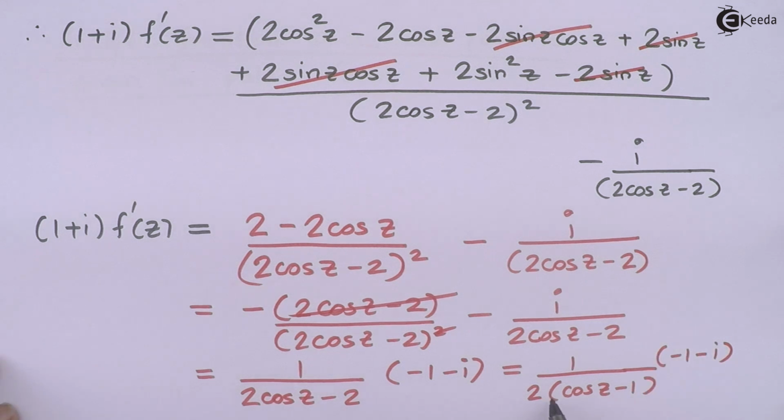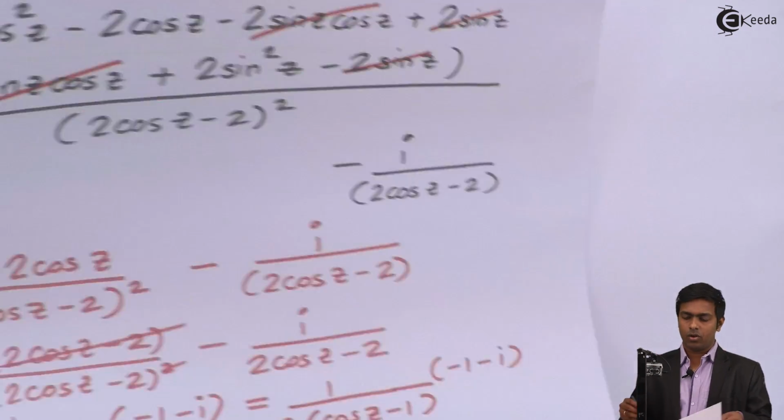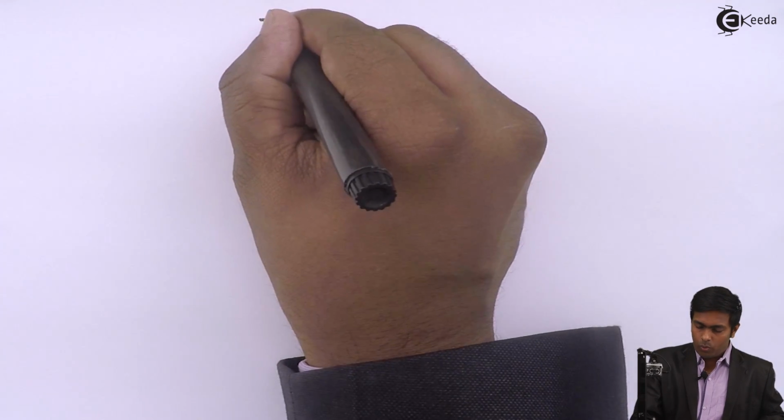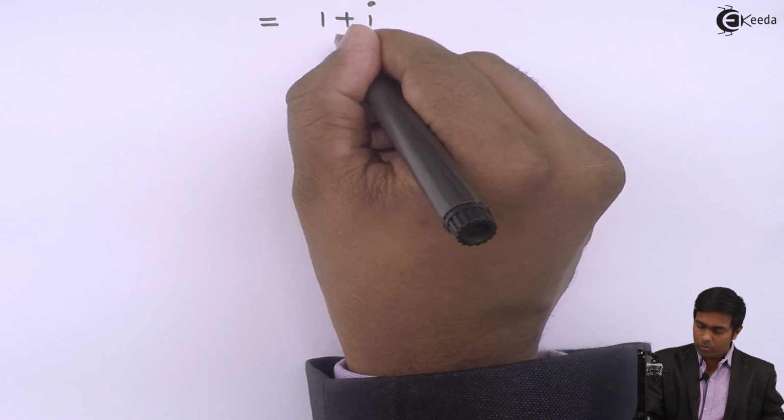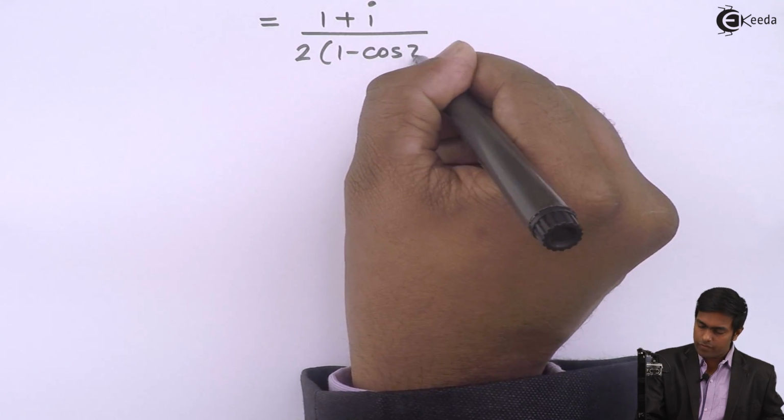When this negative sign comes out, this will become 1 minus cos z in the bracket, and the negative sign from the numerator will come out, and here we will get 1 plus i, and that negative sign of numerator and denominator will be cancelled. So we will get 1 plus i in the numerator and 2 into (1 minus cos z) in the denominator.